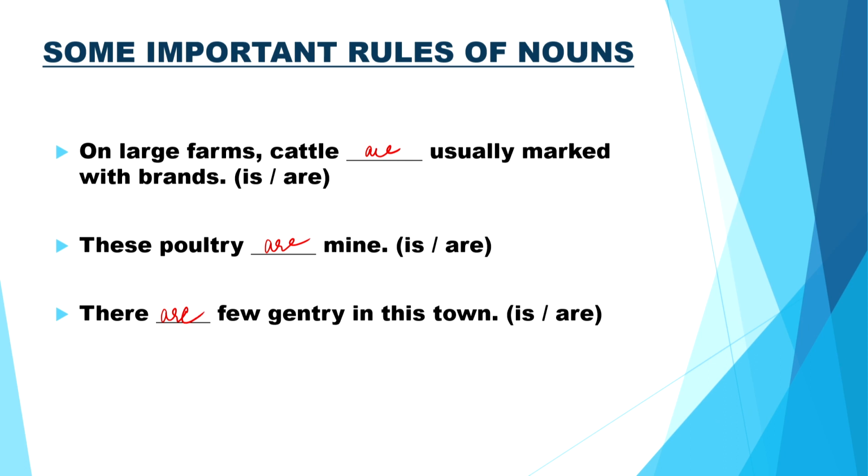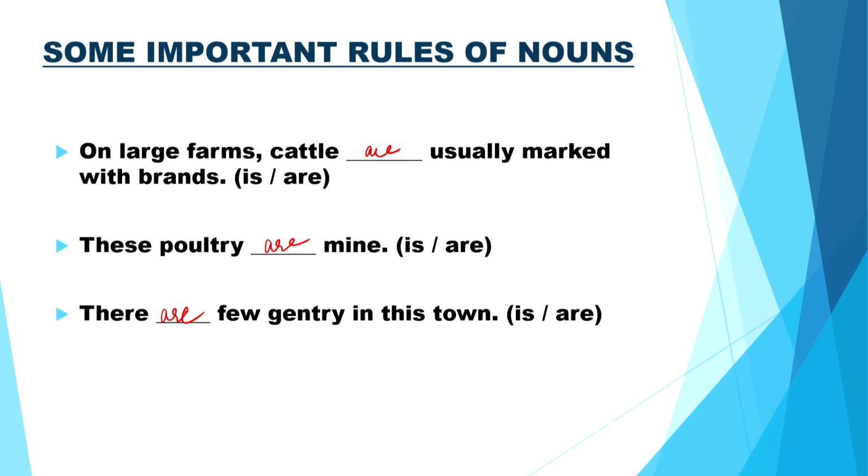So, here is an important rule of nouns. Certain collective nouns, though singular in form, please write this down. It is a very important rule. I will be telling you rules from now on, so please write them down.